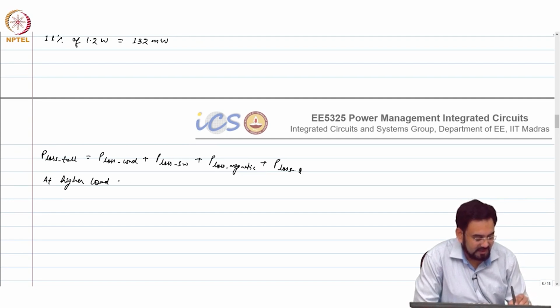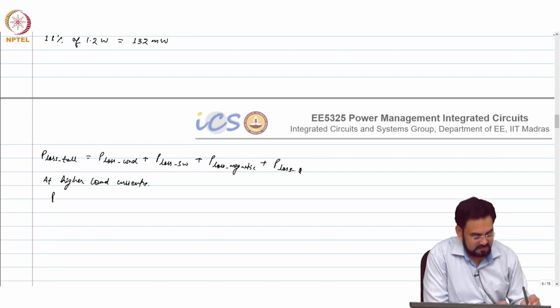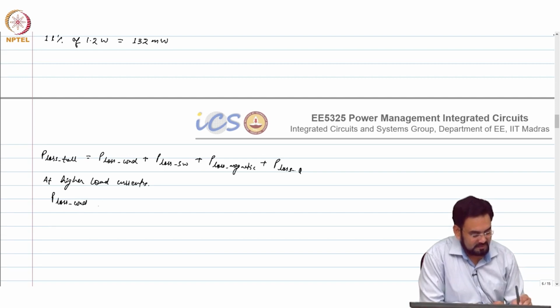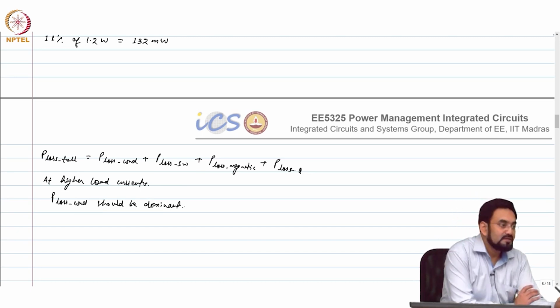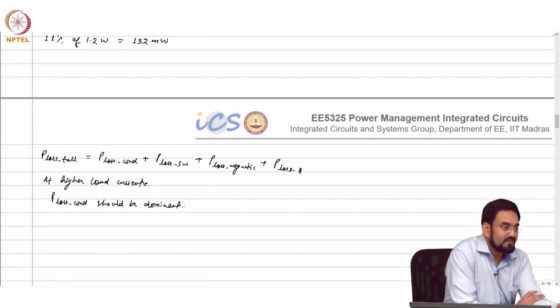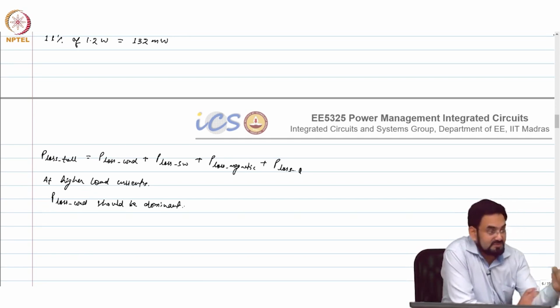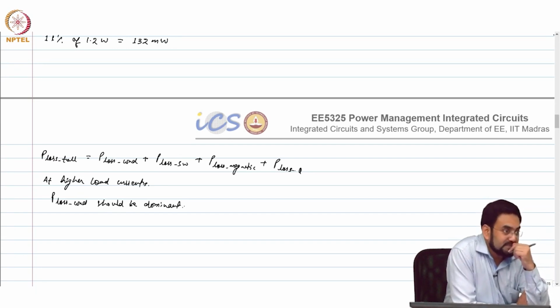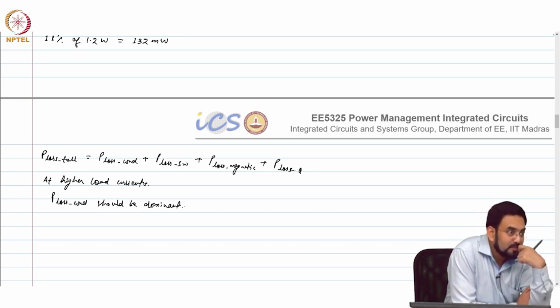So at higher load current, P loss conduction should be dominant. But if you remember, there was one more switching loss, which depended on your load current.